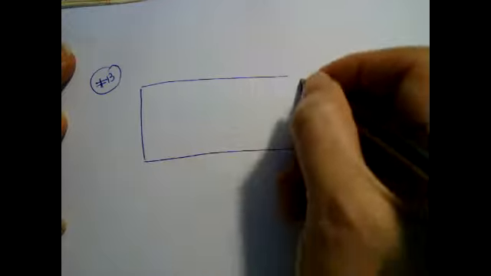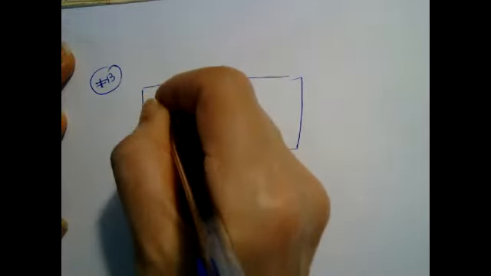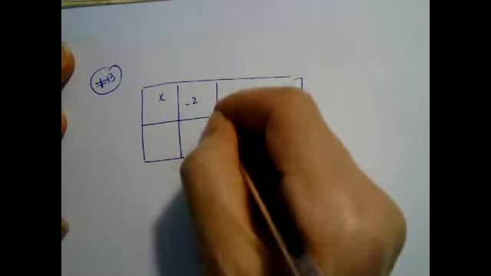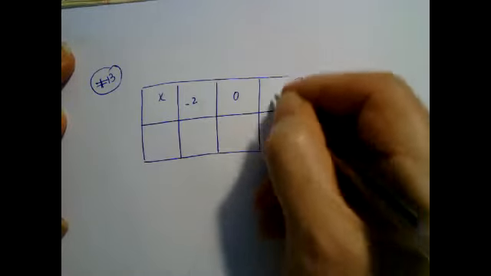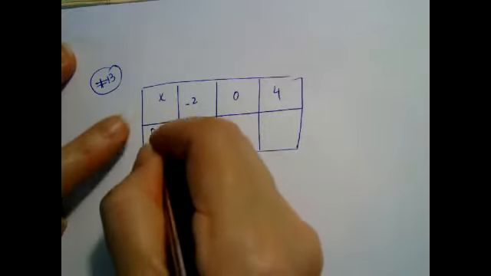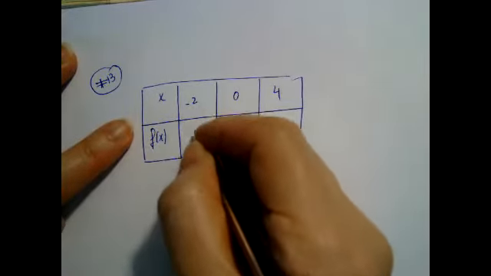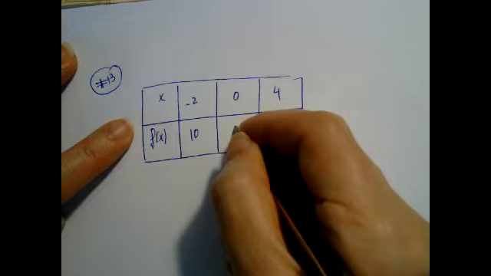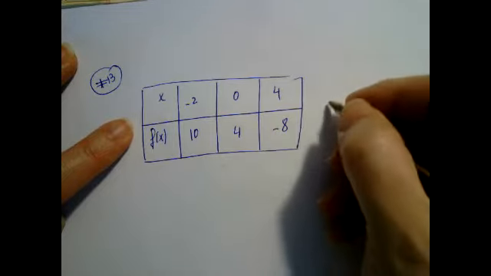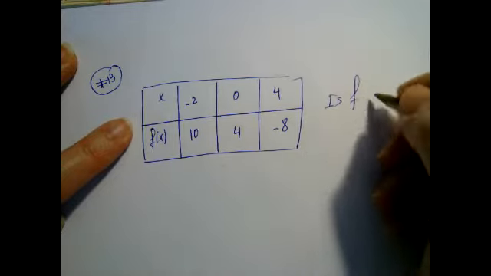I gave you a table. And I gave you a bunch of values. So that's the input and that's the output. And 10 and 4 and -8. And the question is, is f linear?